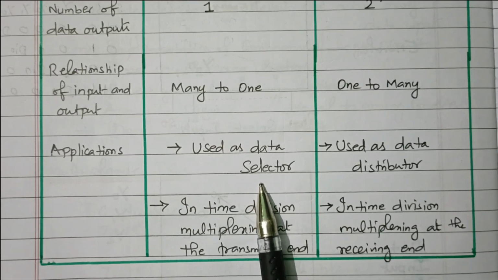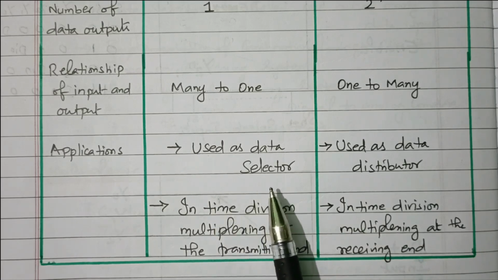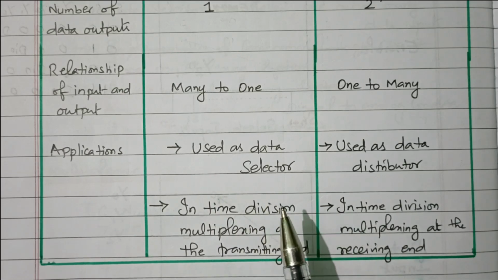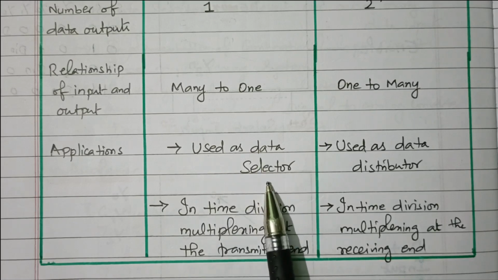It can be played in a player and you can listen in the speaker, right? So the data may be available in different devices, but the final output is only one. We can play from the computer or USB or from the mobile, whatever it may be. So it is used as a data selector. We can select any one device.